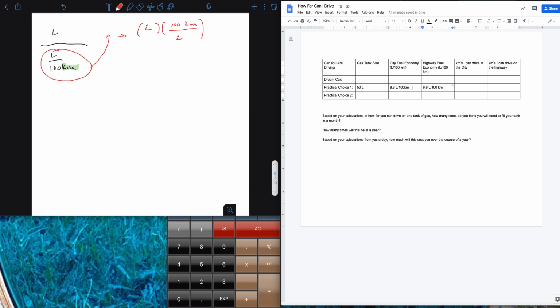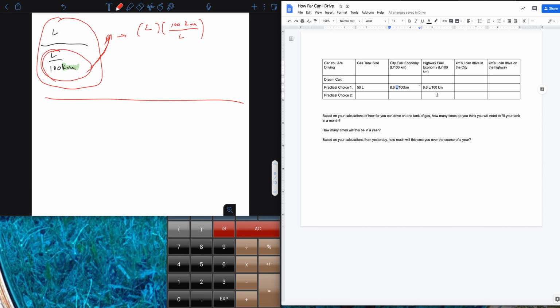When you have fractions inside of fractions, you can take the denominator, or the bottom fraction, and bring it to the numerator and flip it. Now what this is saying is you're going to get liters divided by liters. I see here in my table I have liters divided by liters. That's a little bit wordy, and this is just me trying to show you how the math actually works out.